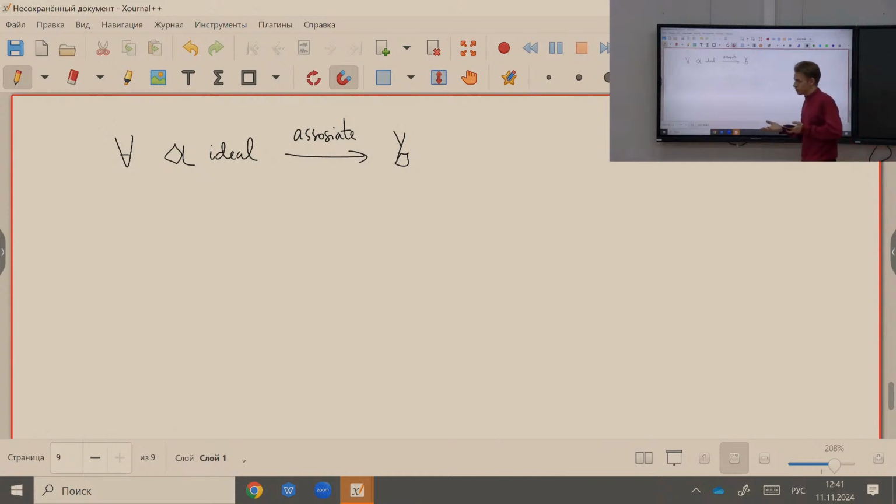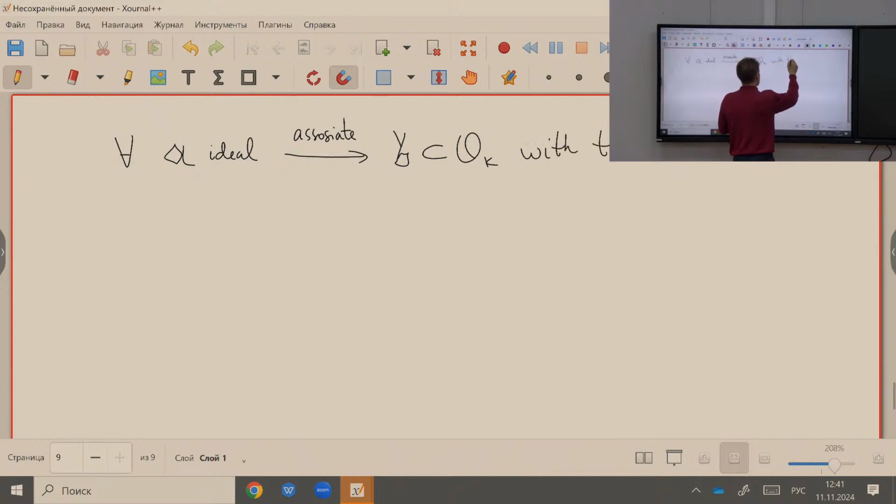But if we want to speak about generators, they should be taken from the integer set, like integer numbers in Q. So to each ideal A we shall associate an ideal B with the property that the norm of B will be less or equal than a constant.